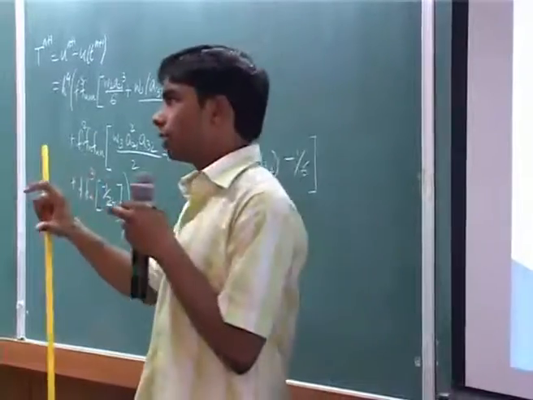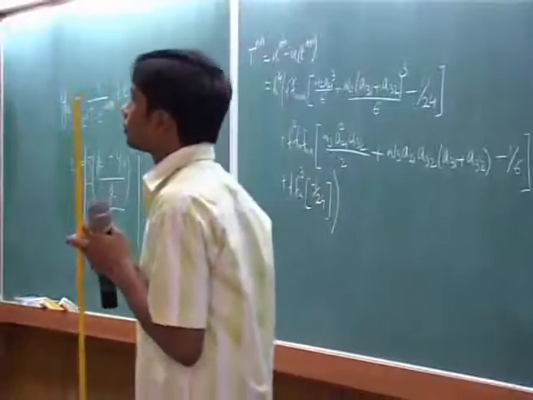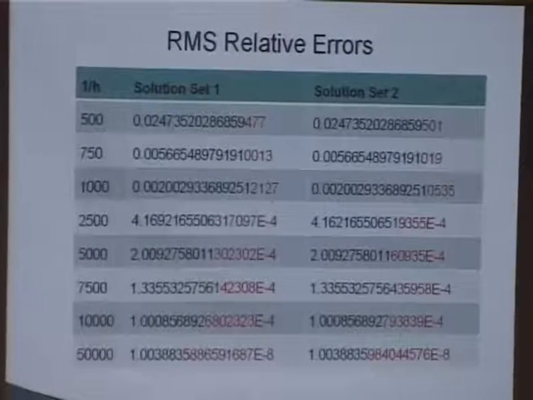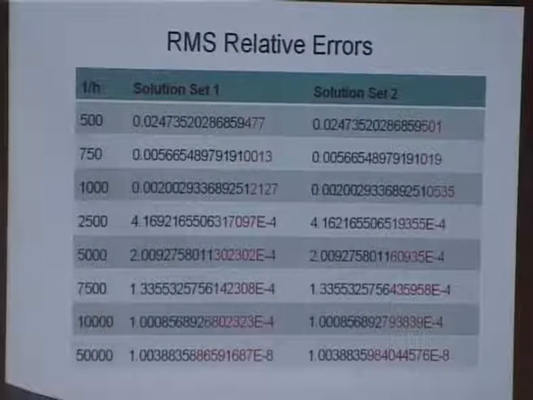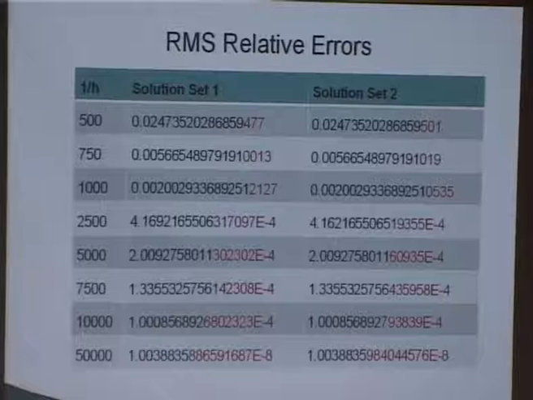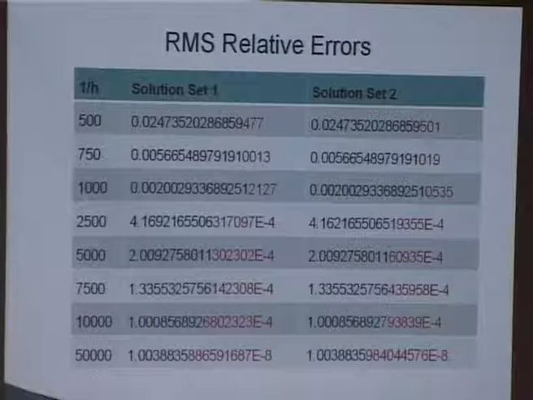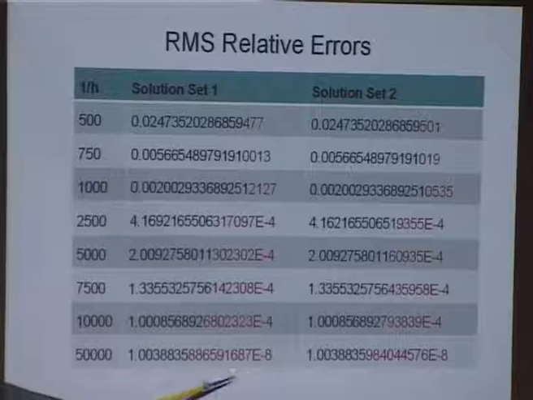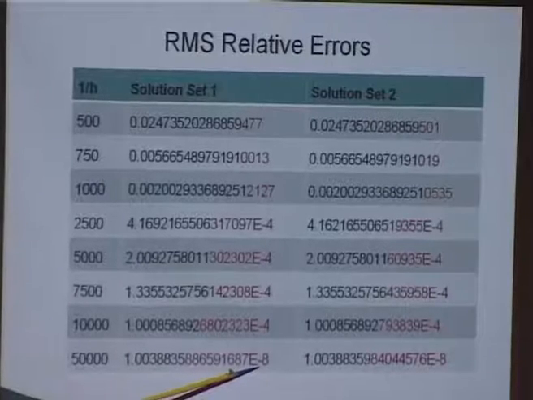The order of magnitude of the other quantity is such that the truncation error becomes prominent only after the 15th decimal place or something. No, it is happening much before. If you look at the 50,000 data, I think it's in the 7th or 8th decimal.